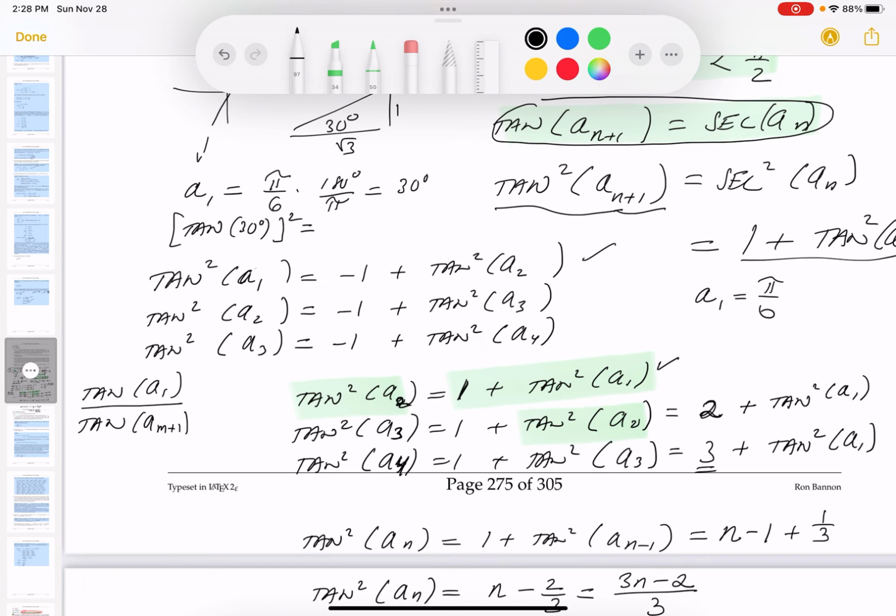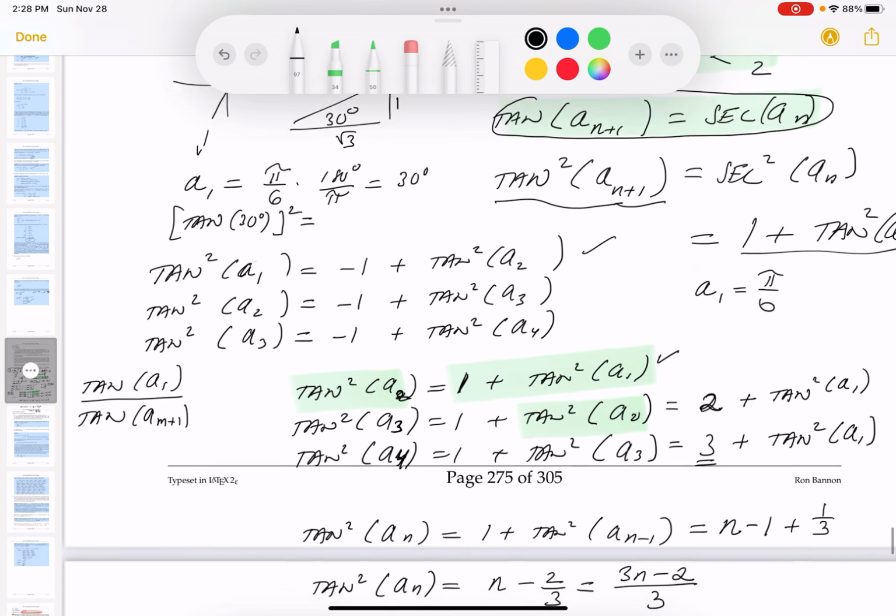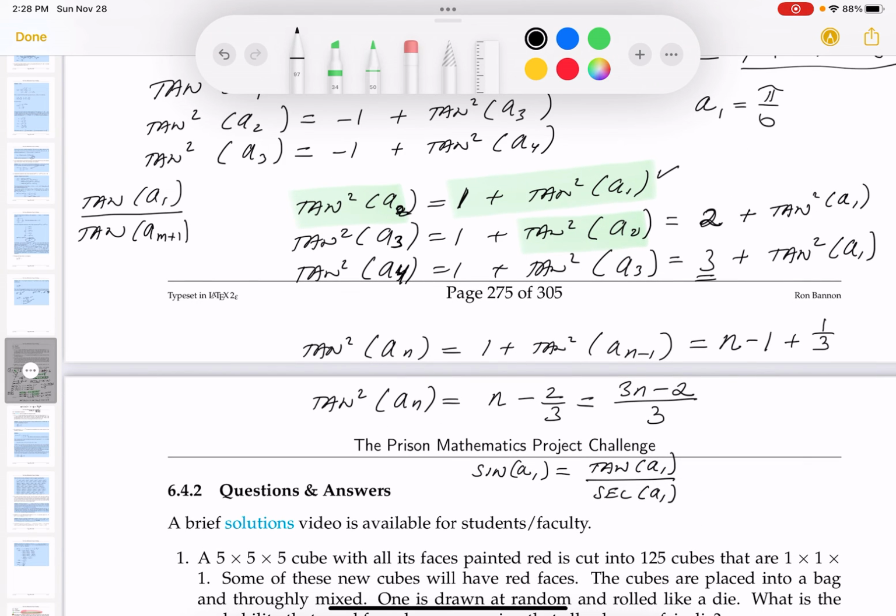Let me think about that. You know what I'm going to write down instead? I'm going to use this to write down tangent of A sub M plus 1.